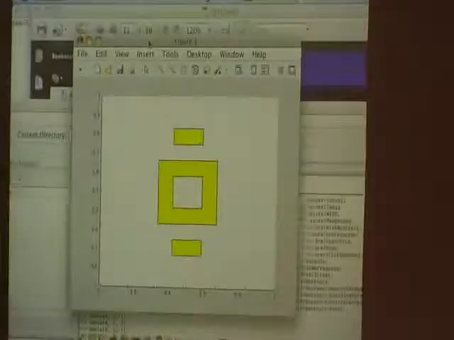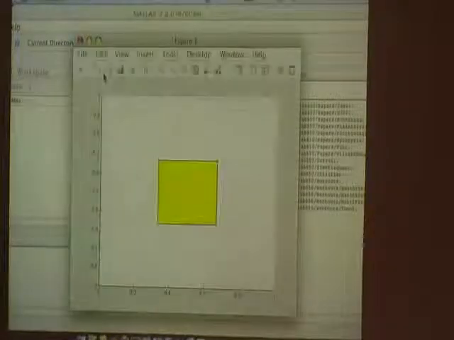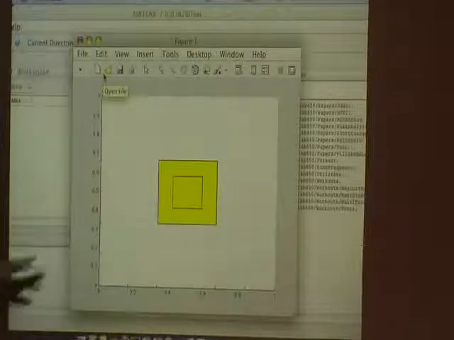Let's see. I think I'll slow this down a little bit. Okay, so here's the iterative procedure. Start with a set that tiles by translations.